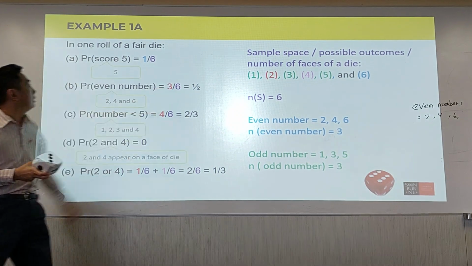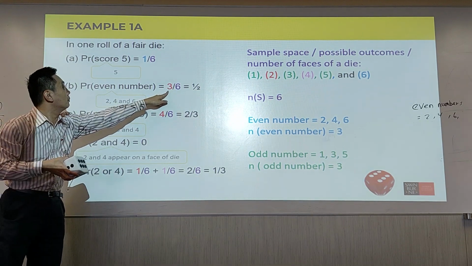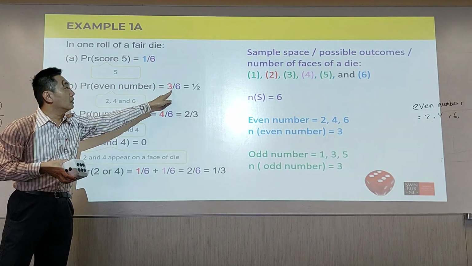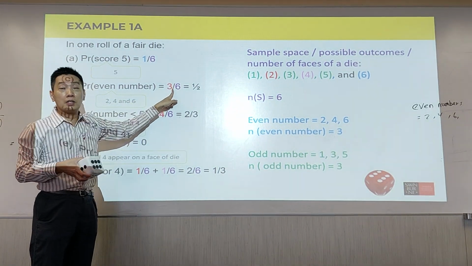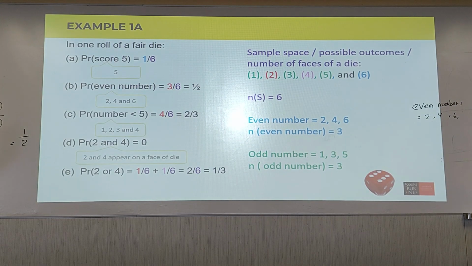Then decide the numerator. From this die, how many faces have an even number? 2, 4, 6. Three faces have an even number, so put 3 here. This fraction can be simplified, so it is equal to 1 over 2.